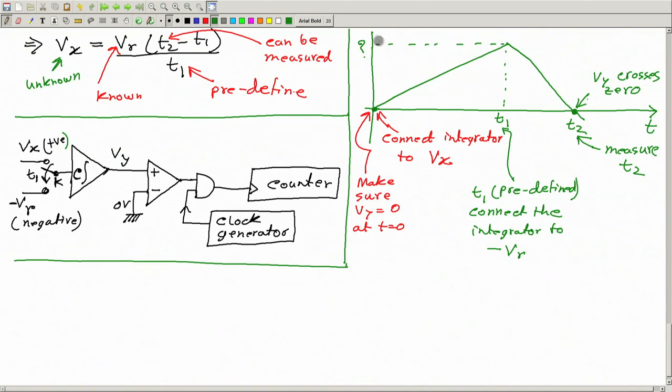So this we can write T1 time multiplied by the slope, and the slope is proportional to Vx and this constant c. More the Vx, this will be higher, less the Vx, this will be smaller, and c is a constant of this integrator, which is a property of this integrator. Okay. So this is this height.